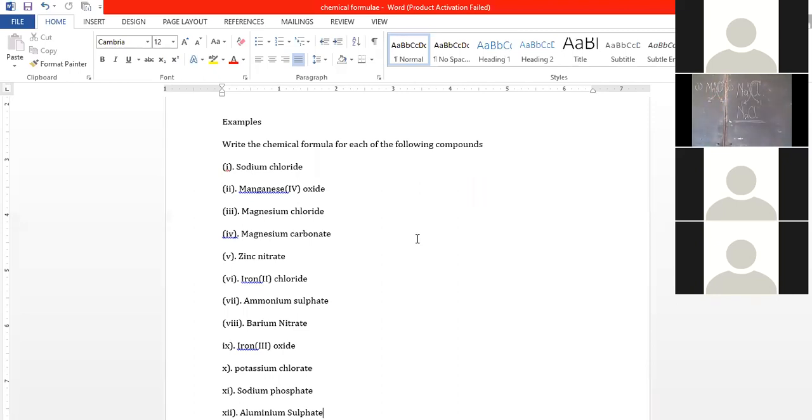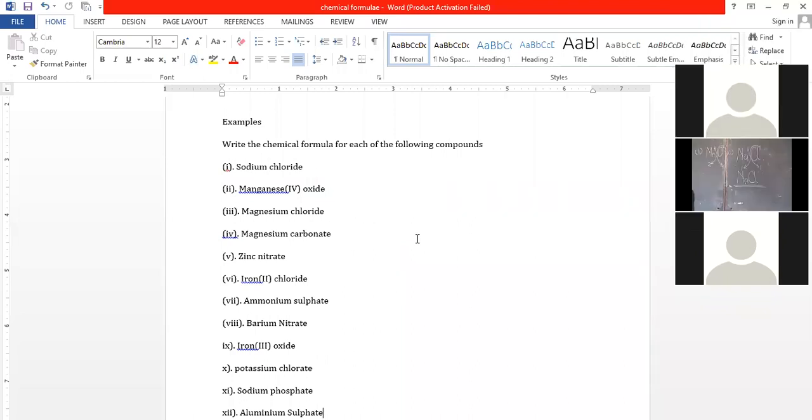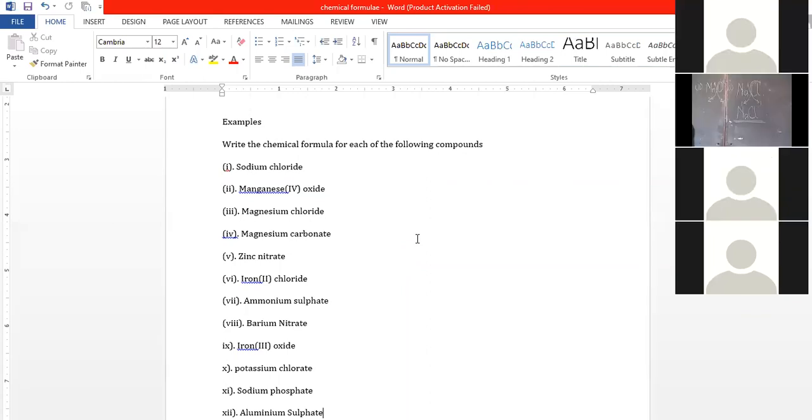Can someone remind me what do I do with those valencies? You reduce them. Reduce the lowest. So 2 and 4 can be reduced. What do I need to reduce them by? By 2.